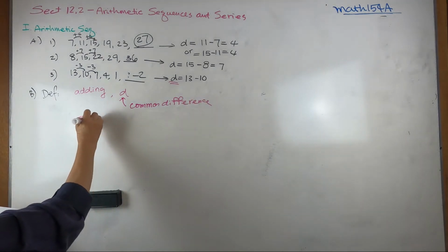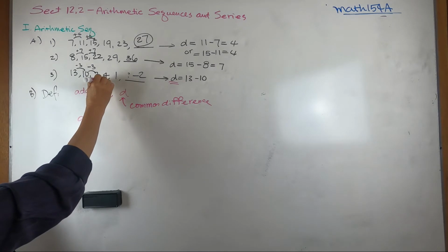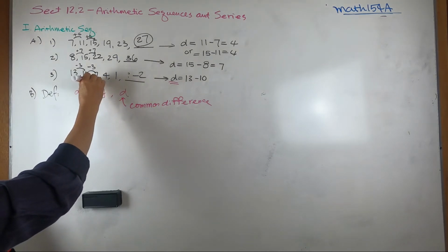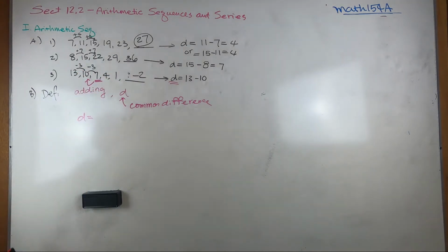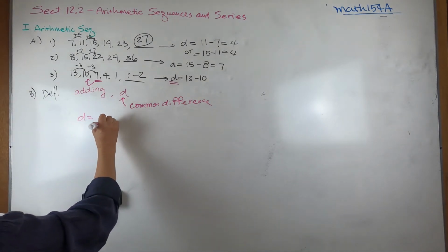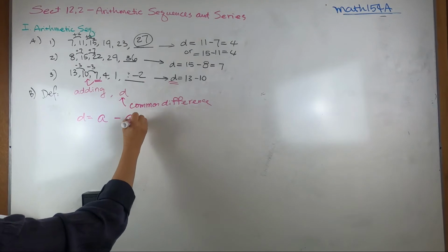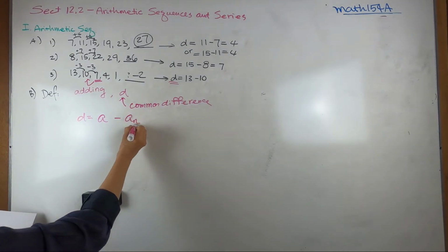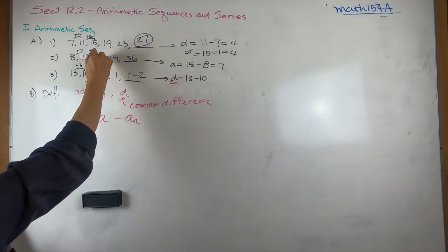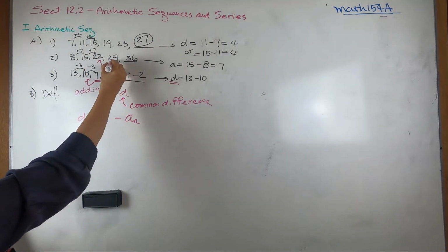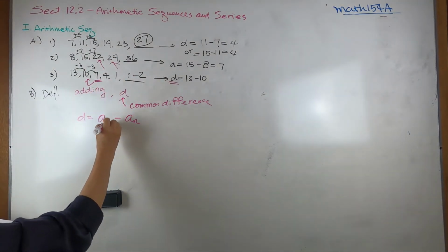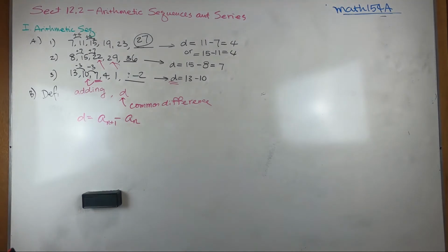So the d is what? The preceding number subtract the number before it, right? So if the general term is an, right, and we talk about this term, the next term will be what? An plus 1.